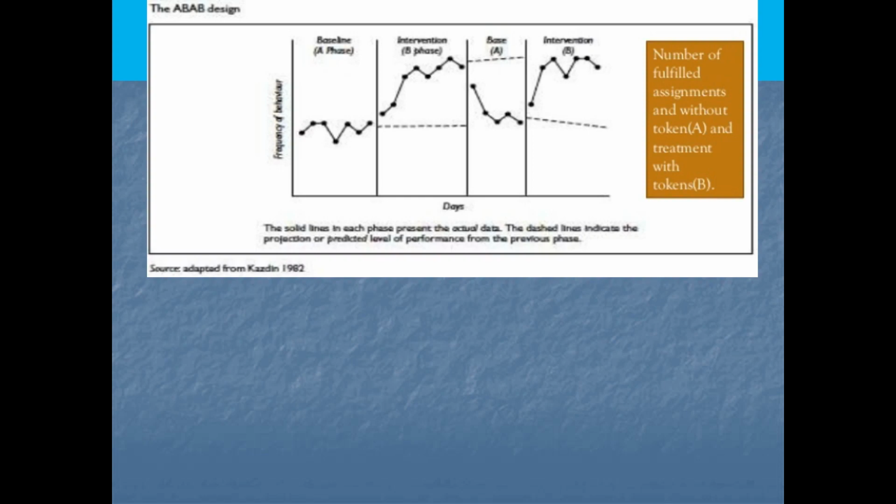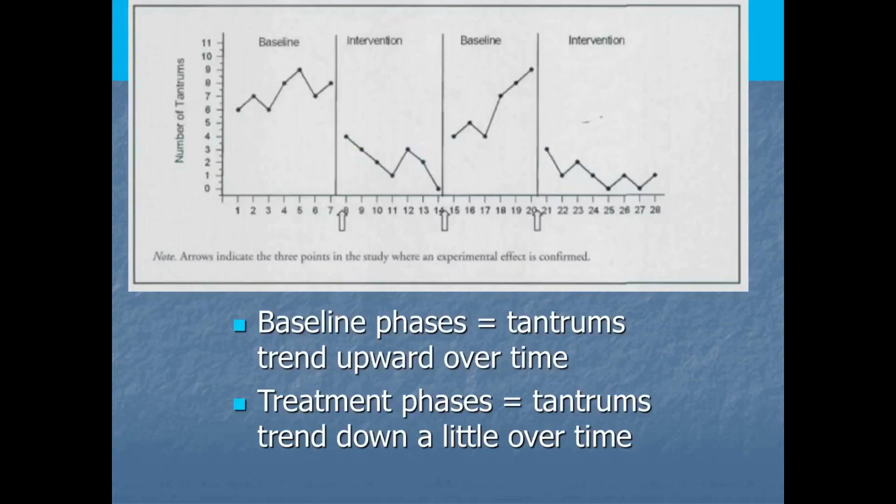The intervention likely had an effect. Likewise, in the next baseline phase, you can see that the trend is downward, fewer assignments getting completed. But as soon as we turn the token intervention back on at the end, the directionality changes again. The trend changes. Combined with the change in level that we're also seeing, the change in trend is sort of additional visual evidence that the treatment might be doing something.